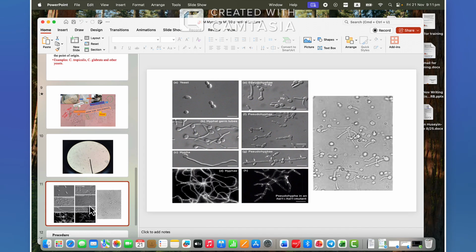Here are more slides, of course Candida albicans and Candida dubliniensis. As I said, it will make pseudohyphae, starting from the germ tube, and then finally you will find they form pseudohyphae.